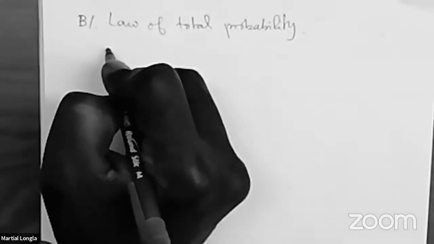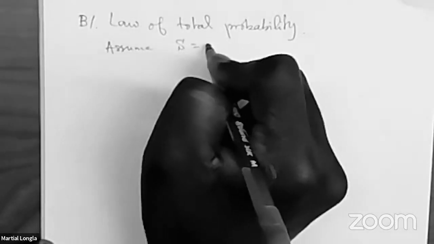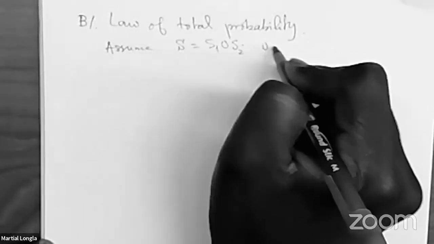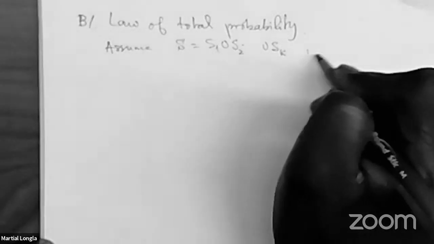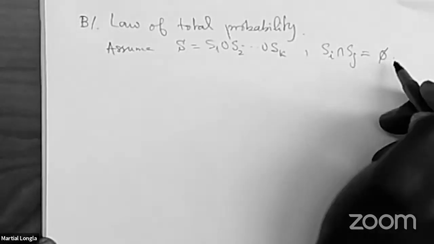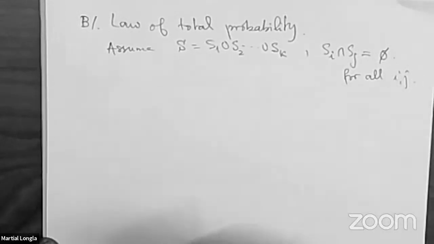So let's say we assume S is S1 union S2, all the way to Sk, and Si intersection Sj is empty for all i not equal to j.